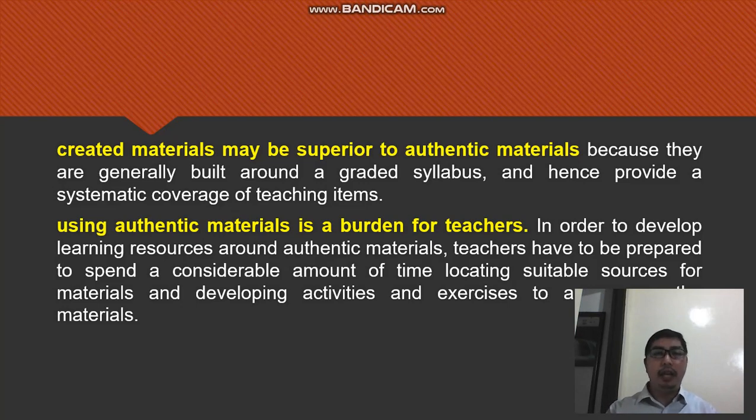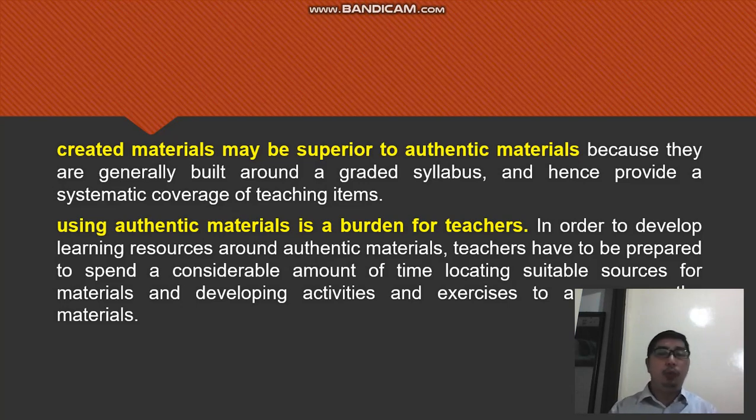So that's another thing. Another one is that using authentic materials is a burden for teachers. Why? In order to develop learning resources around authentic materials, teachers have to be prepared to spend a considerable amount of time locating suitable sources for materials and developing activities and exercises to accompany the materials.